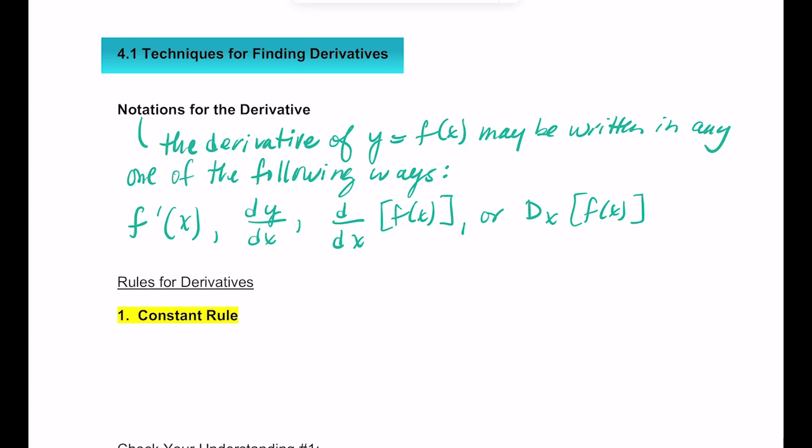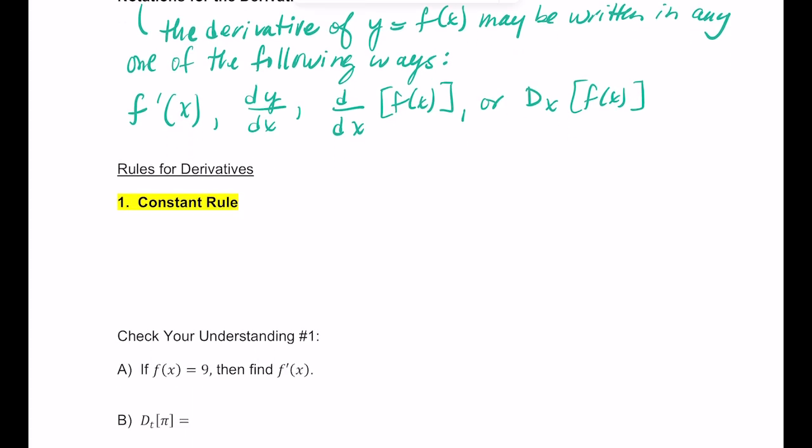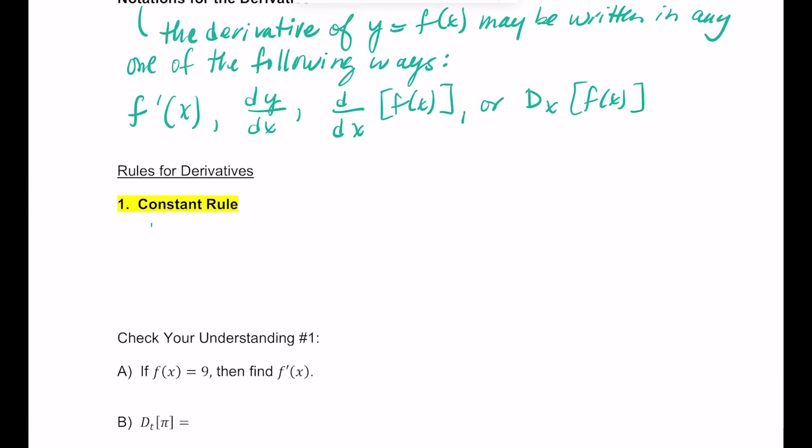Let's look at some rules for derivatives. The first rule is called the constant rule. And that basically just tells us that the derivative of a constant is always going to be 0.